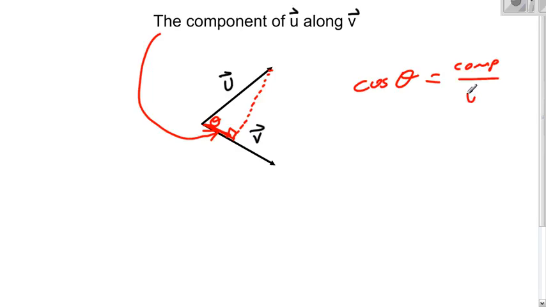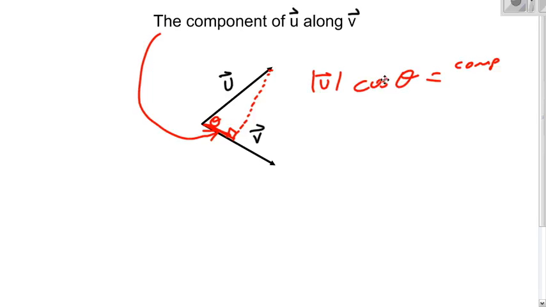length of u. So simply rearranging that a little bit to calculate the component, multiply by the length, and we have the component of u along v is the length of u times cosine of the angle in between.